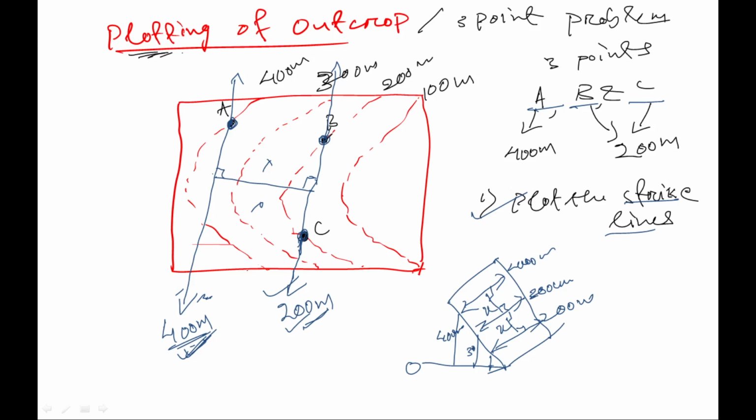Then I will pass another line here which will have the 300-meter value.